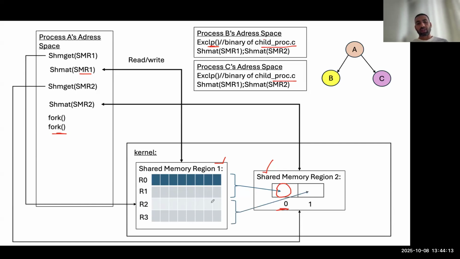For example, let's say its starting row is R2 and its ending row is R3, so it sums all the elements of these two rows and puts the result in shared memory region 2 at index 1, right?